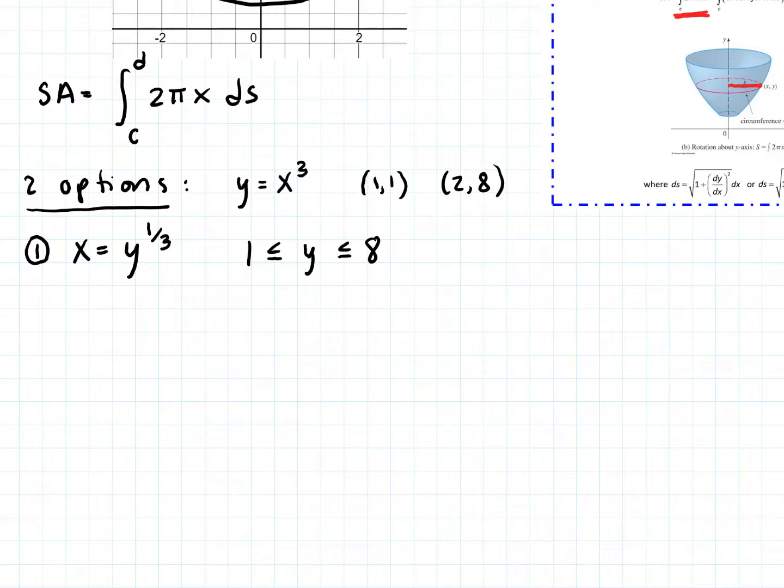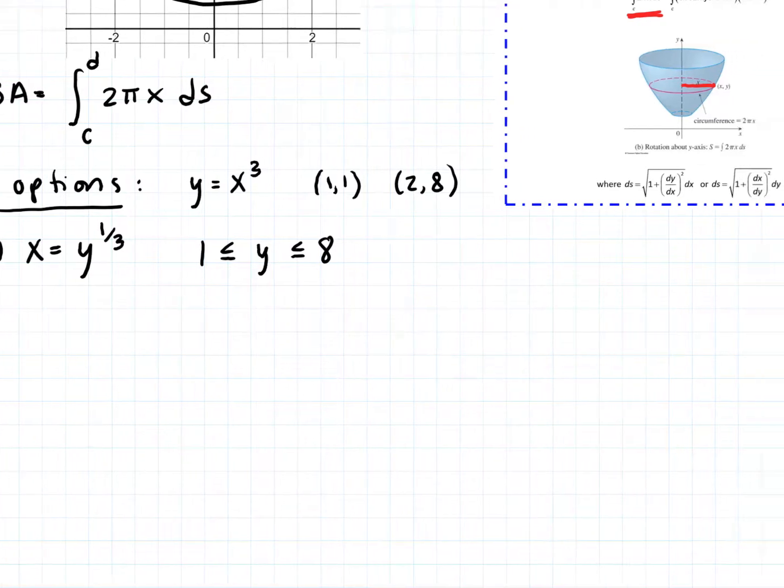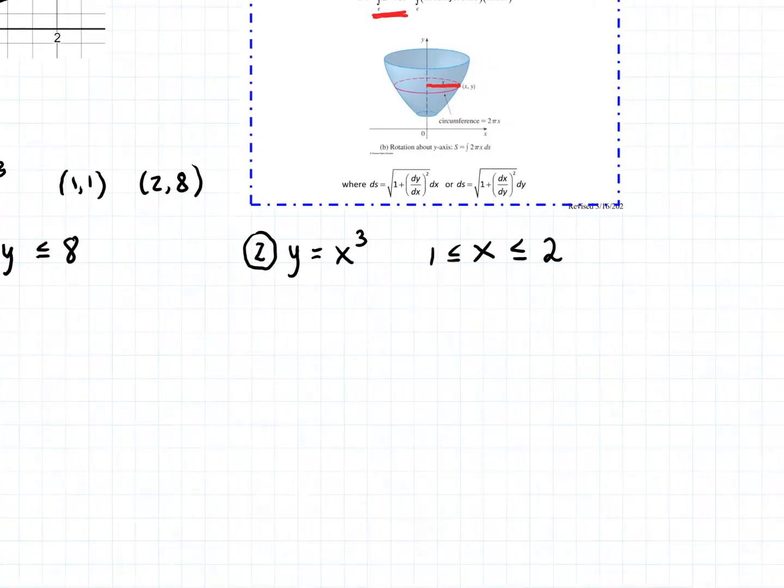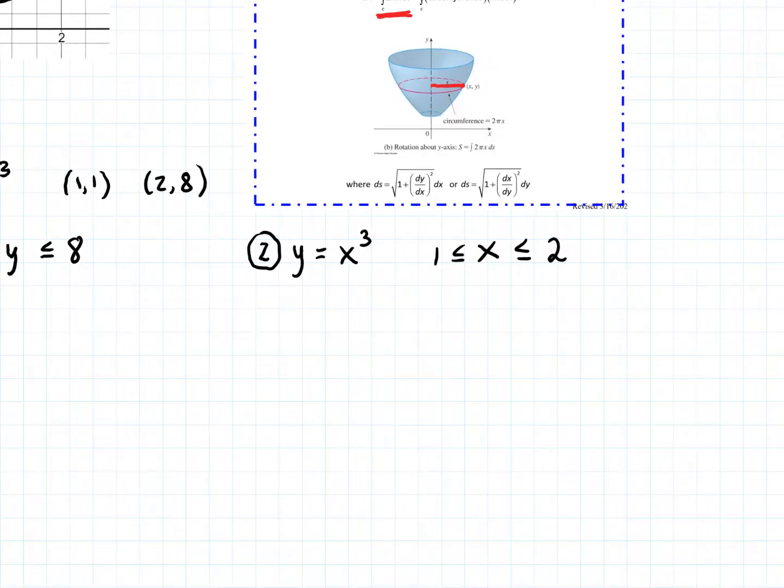So that's one option. And our second option would be to continue to think of it as y equals x cubed, bounded between x equals 1 and x equals 2. Those are the two ways that we can think of that little curve segment that we've rotated.